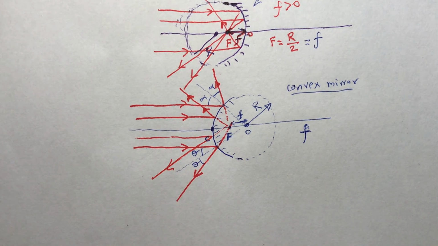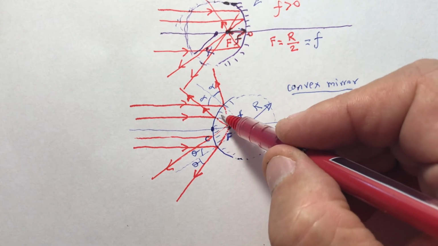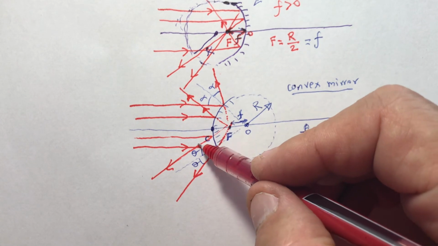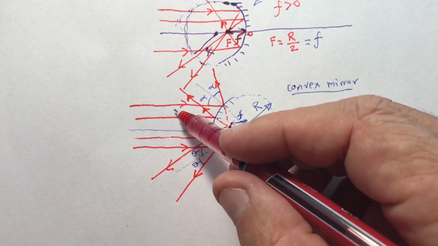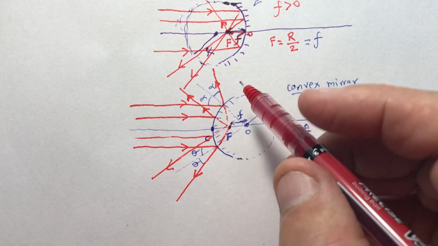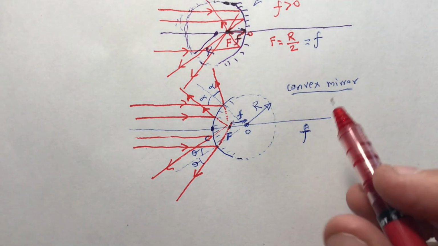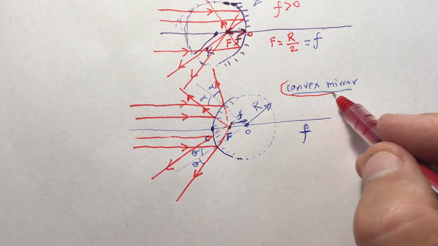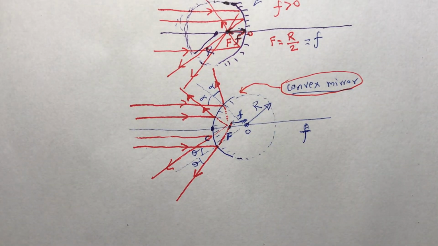These are just projections, these 1, 2, 3, 4, just projections. We have 4 incident rays here, and you can see that the projections of the reflected rays try to go through the focal point. So this is for a convex mirror.